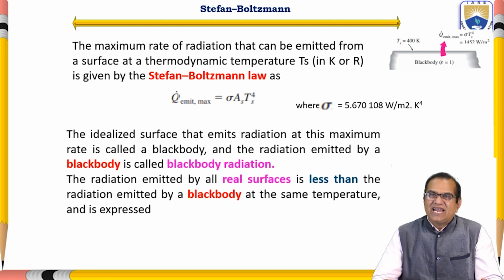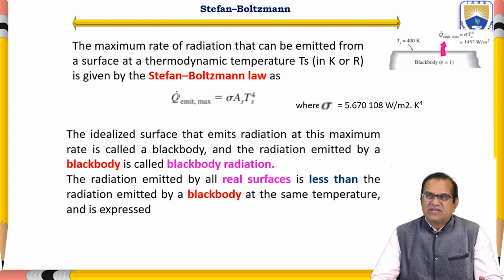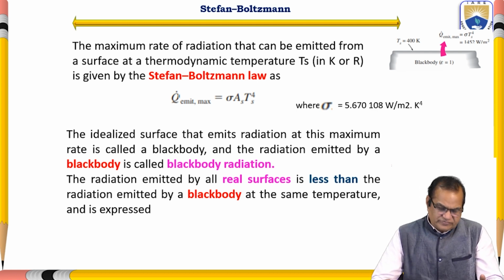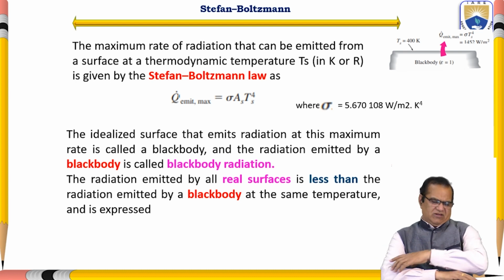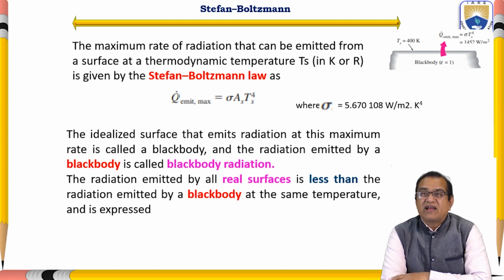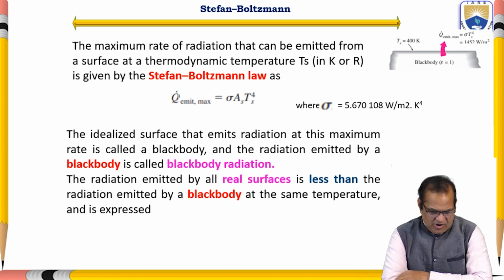The idealized surface that emits radiation at this maximum rate is called the black body. So any object which can emit radiation at this rate is called a black body, and the radiation emitted by a black body is called black body radiation.